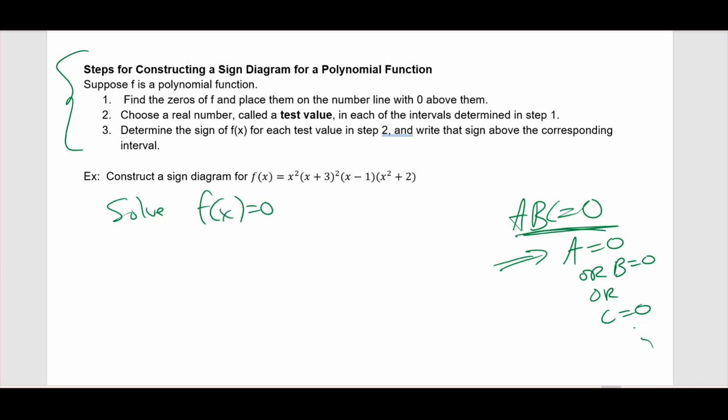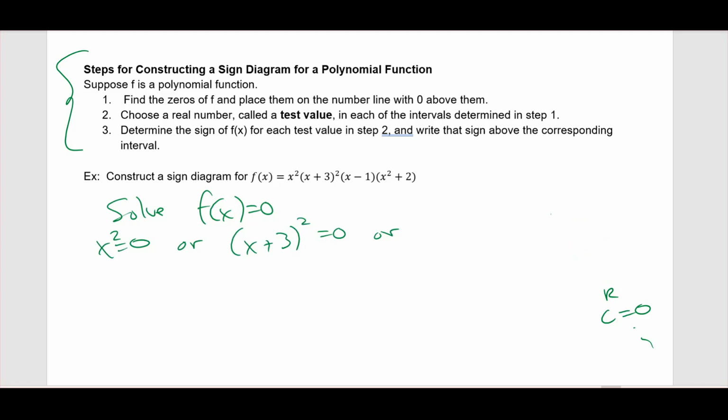So either x squared is 0, or x plus 3 squared is 0, or x plus 1 equals 0, or x squared plus 2 equals 0.